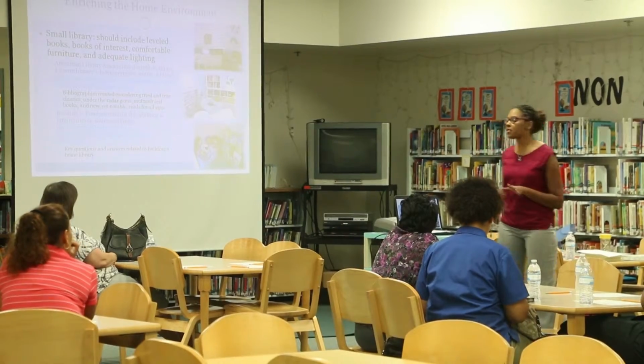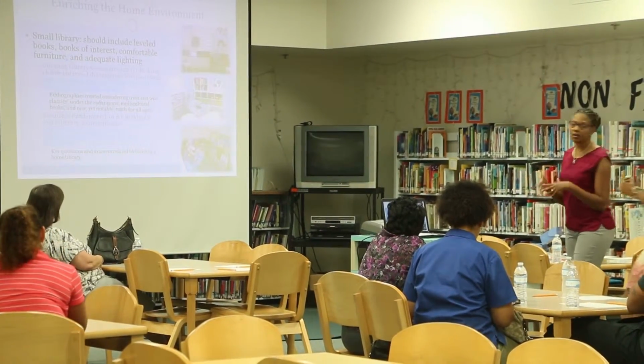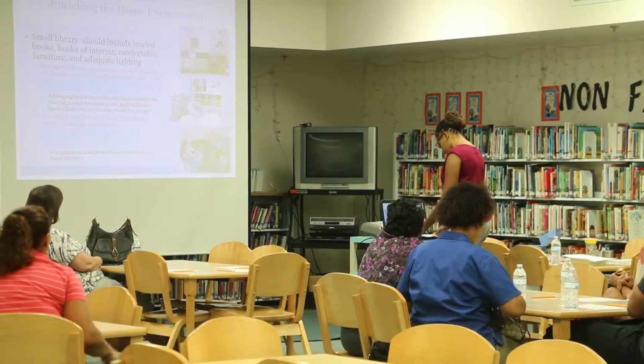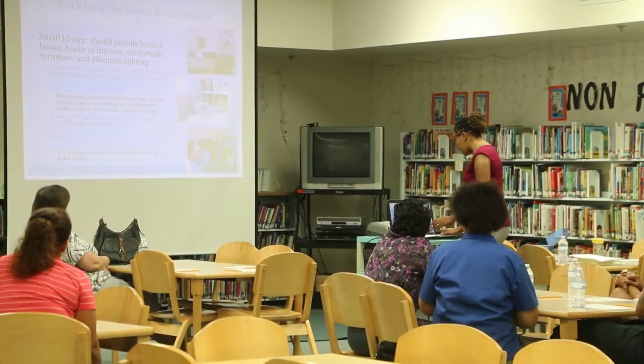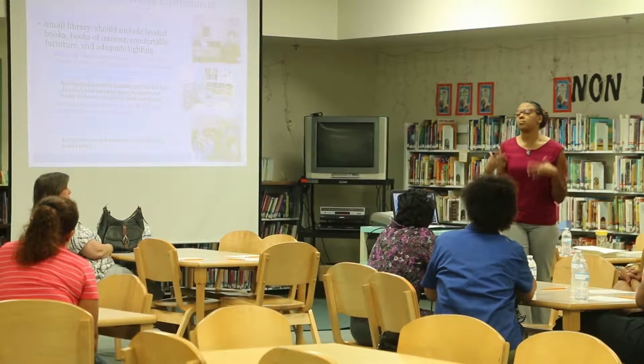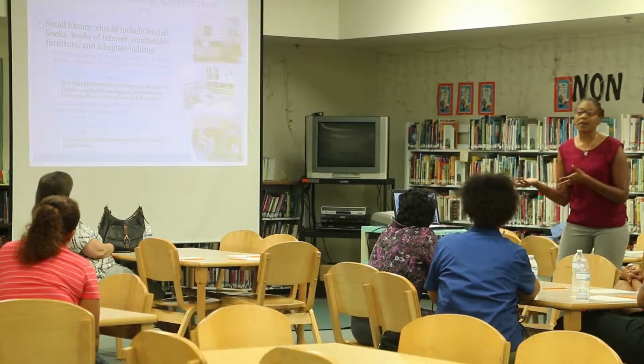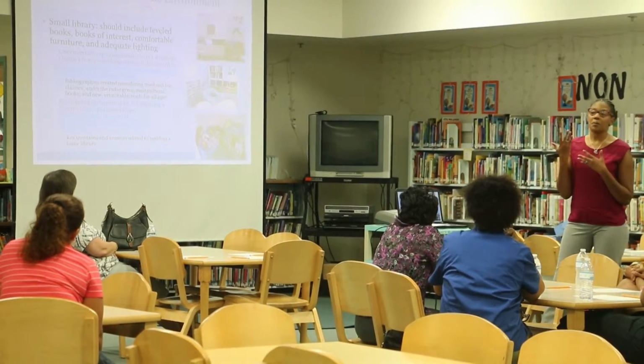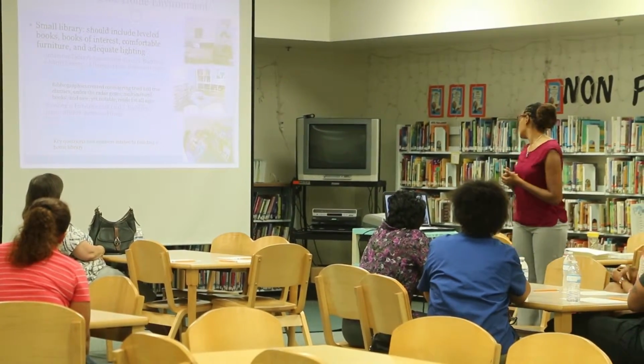You don't need a big space. You just need a corner, a rug, a chair, and some books. These libraries promote reading. They make the child want to go and read because there's a bean bag, because there's something for them to play with, because the books are interesting to them.